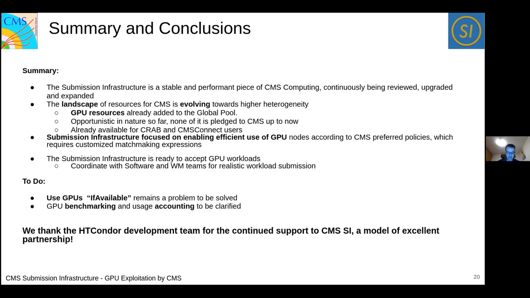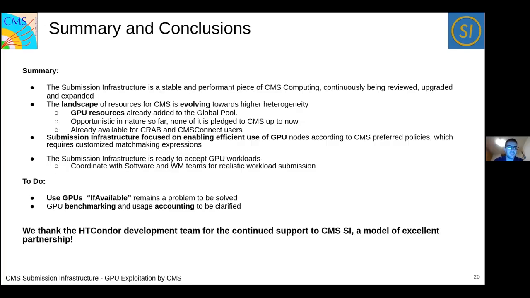And I guess the conclusion, really quick: the Submission Infrastructure group has been working to make GPU resources available to other groups in CMS, and we are ready to coordinate with the software and workload management teams for realistic workload submission.